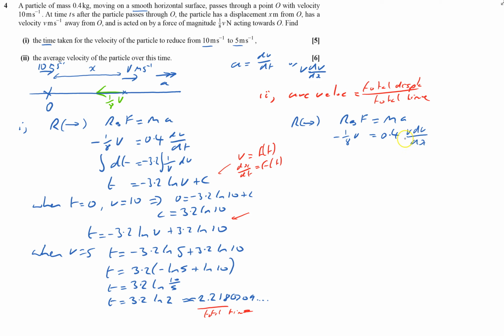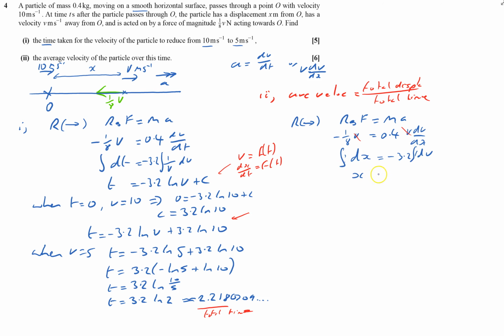Now you can see that the v's cancel out, and I'm going to multiply both sides by dx and through by minus 8, so that'll be minus 3.2 dv, and then I put in the integral signs.